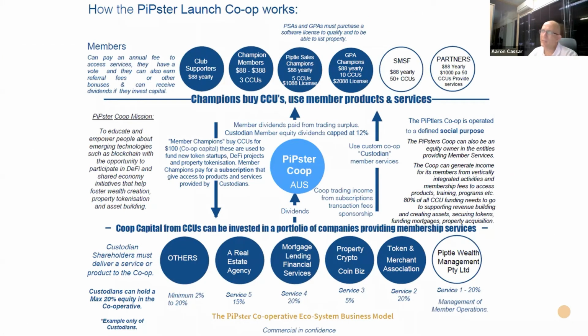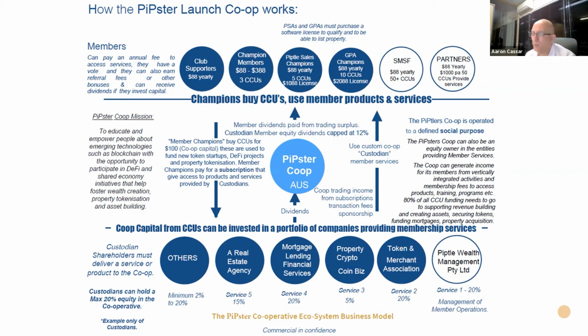So here we see an overview of what the cooperative structure looks like. We have your club members, your champions, your sales members, and the other partners at the top there. They all can then participate, buy products and services through the cooperative that are supplied by the agents of the cooperative. They, as members, can also put up their hand to be able to vote on projects.